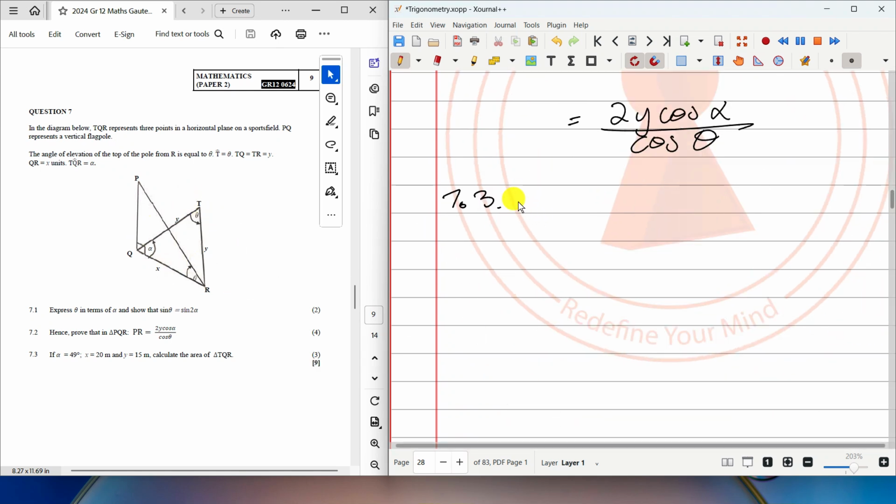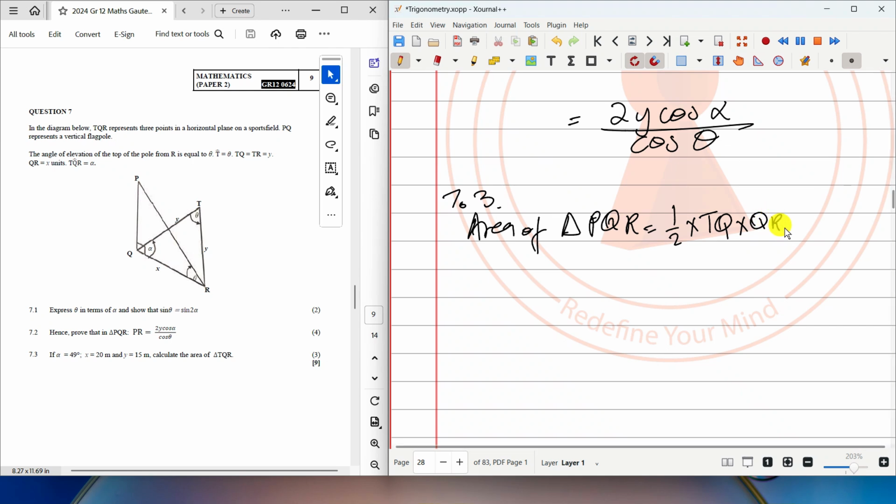The area is equal to half times TQ times QR times sine of angle TQR. TQ is Y, QR is X, times sine alpha.